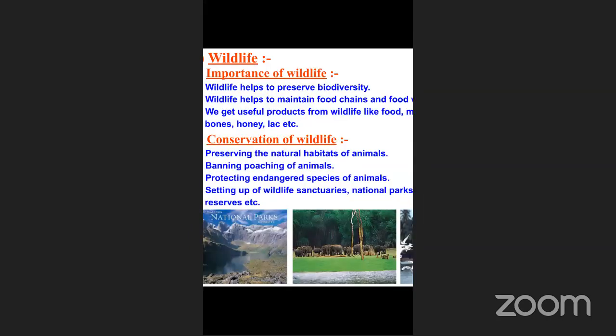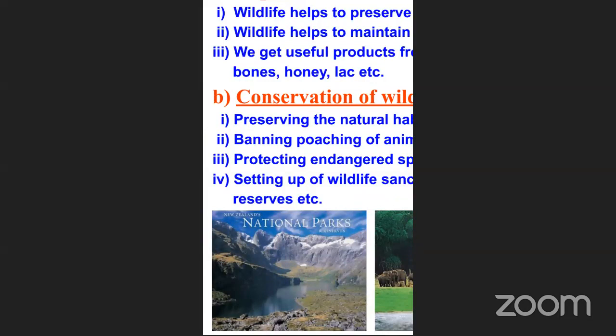Can you see that? Let's see the natural environment for the wildlife. See the beautiful elephant in forest. See how naturally they live there, right?